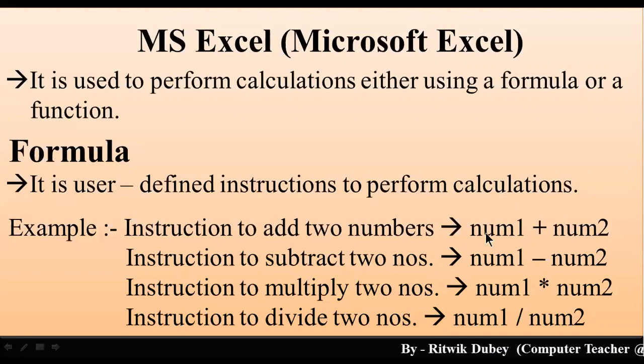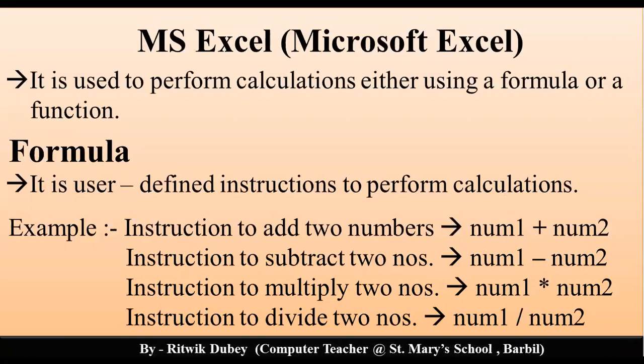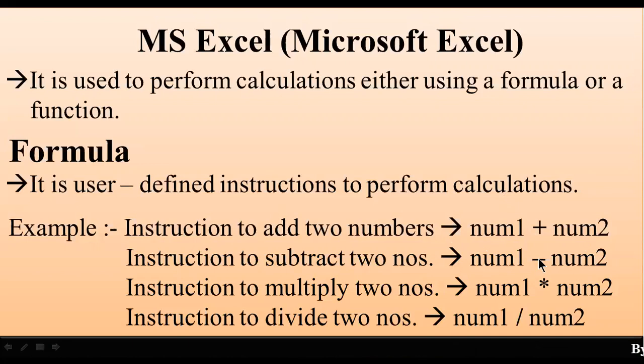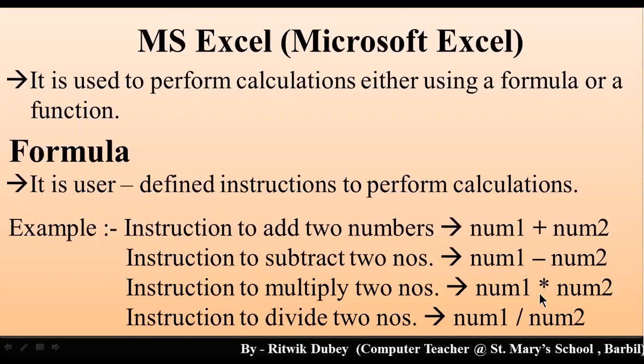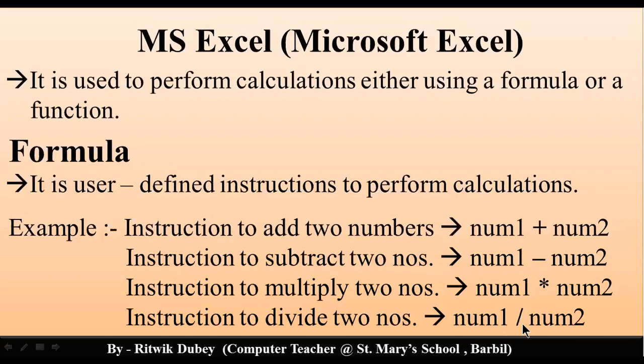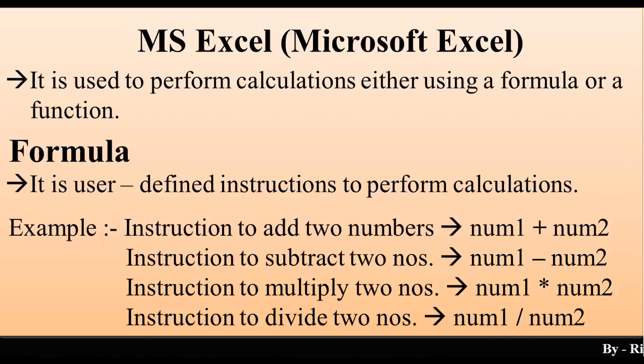So this can be considered the instruction to add two numbers. The second one can be considered the instruction to subtract two numbers, this one to multiply two numbers, and the last one to divide two numbers. So this is the meaning of instructions.